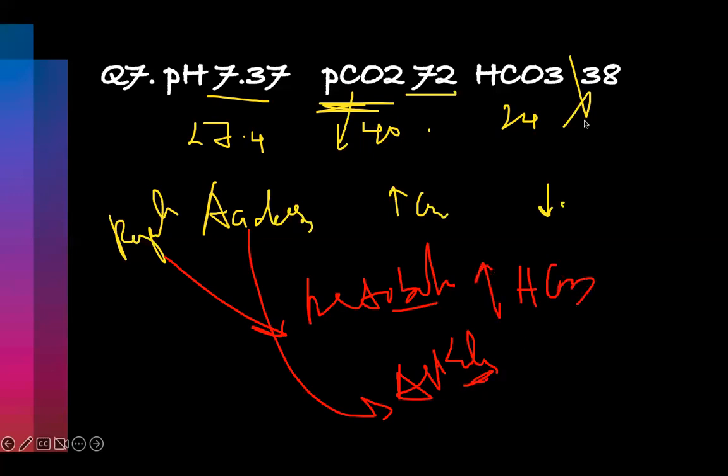Bicarb should go up. What did bicarb do? It went up, right? Bicarb went up almost like 14. And it brought the pH close to 7.4. Therefore, you go back to your normal and you say bicarb did what it's supposed to do. Everybody did what they're supposed to do. Respiratory acidosis fully compensated.